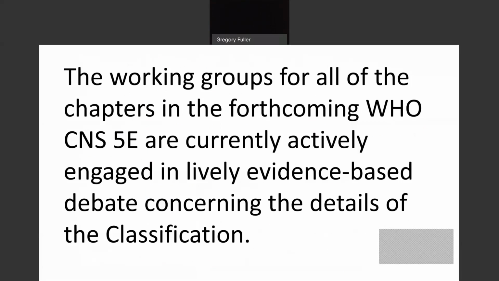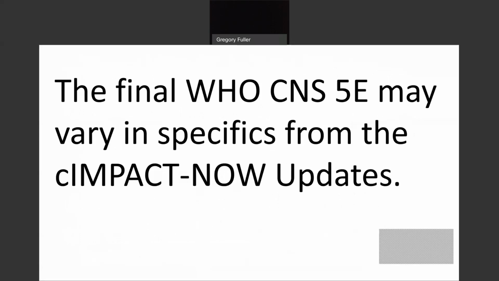All right, the working groups for all the chapters in the forthcoming volume are currently actively engaged in lively evidence-based debate. Okay, I'm a member of one of those groups, and there is a lot of very healthy debate going on by the experts in exactly how to phrase, how to subdivide, etc. Okay, so the bottom line is the final WHO version, when it comes out by the end of this year, may vary in specifics from what we have been discussing and what are in the cIMPACT-NOW updates.